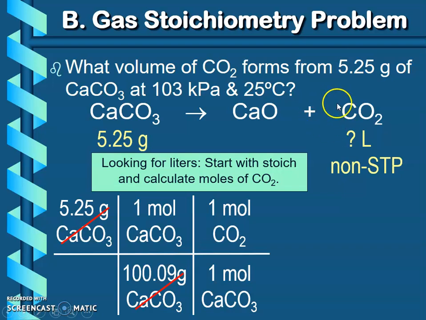That also doesn't have a coefficient, meaning it's an understood 1. My moles of calcium carbonate cancel, and I'm left with moles of CO2, which is what I want. So then I multiply the numbers on the top, divide by the numbers on the bottom, and I get 0.0524 in my calculator. Now I'm not going to round yet. I'm not worried about sig figs yet. Remember, we want to keep numbers until we get to the very end, then we round for those sig figs. So I'm going to keep my whole number there.